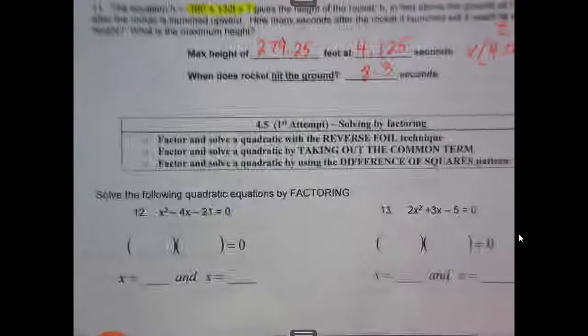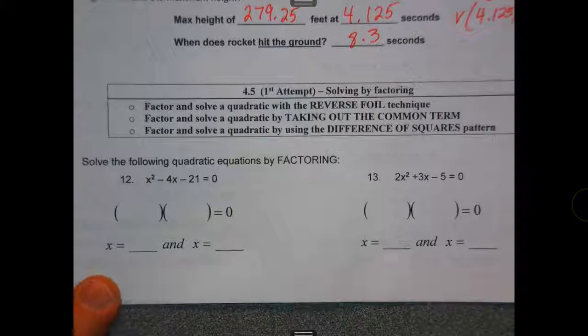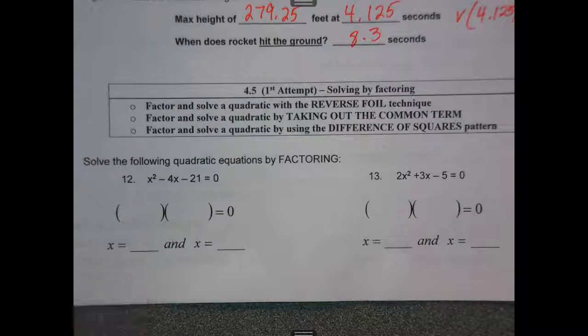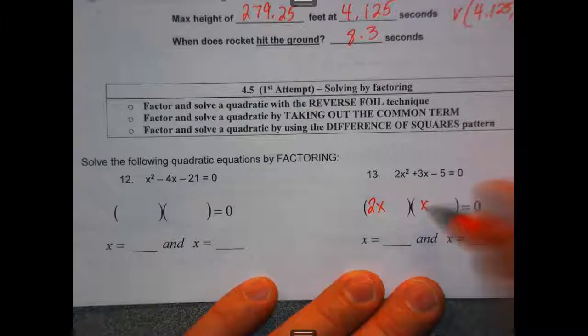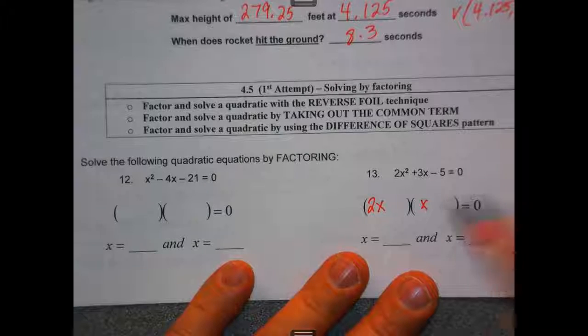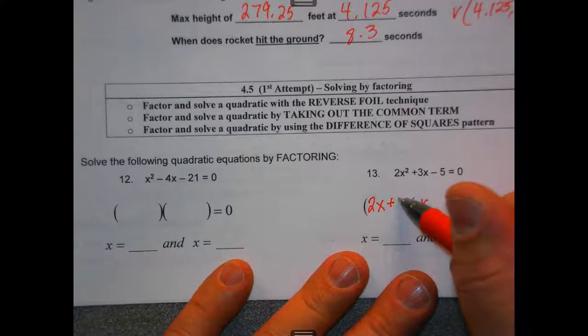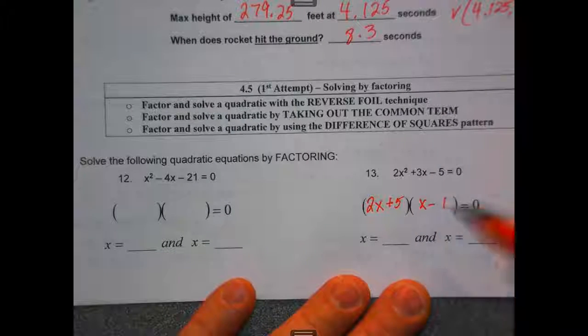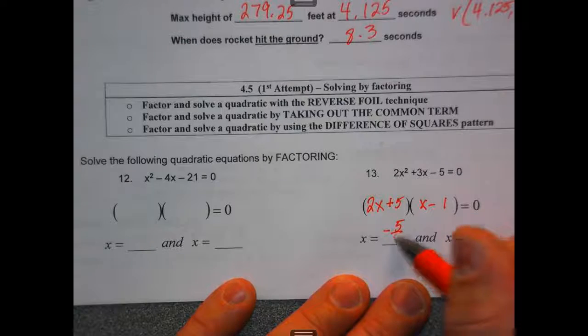So I went ahead and just kept this section on. I was going to take it off. I'm like, well, no, if you could do it, fine. If you can factor it, go ahead and you can do this section. If you can't do this, don't worry about it.